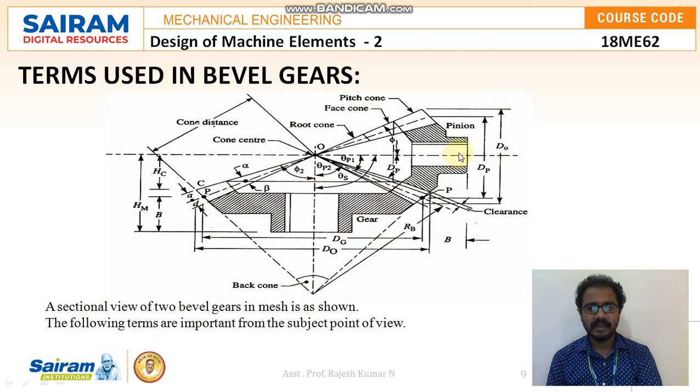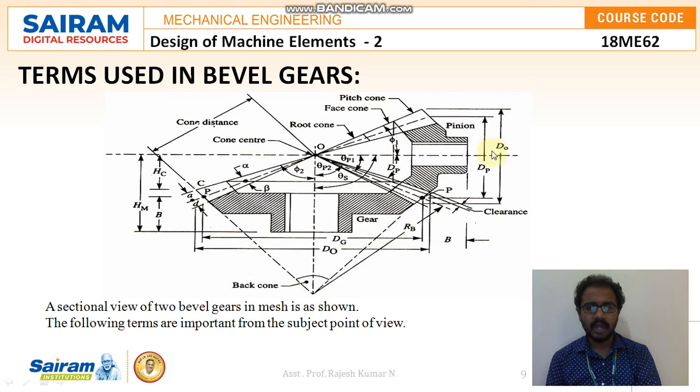The outer diameter of the pinion I will denote as Do, and the mean diameter of the pinion as Dp, P for pinion. Similarly, for the gear, the outer diameter is Do and DG is the mean diameter of the gear.